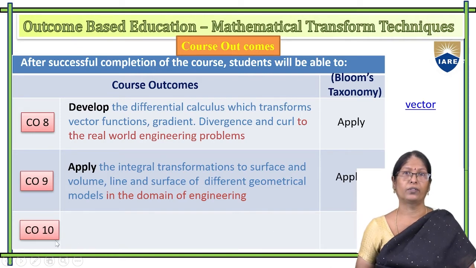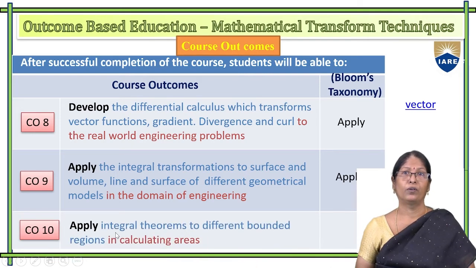The last one is CO10, for which the integral theorems, Stokes, Green, and Gauss divergence theorems, are used to calculate areas as well as volumes. If it is a triple integral, even if not mentioned here, it is Bloom's taxonomy second level. If volume is there, it is understanding level, 3 dimension.